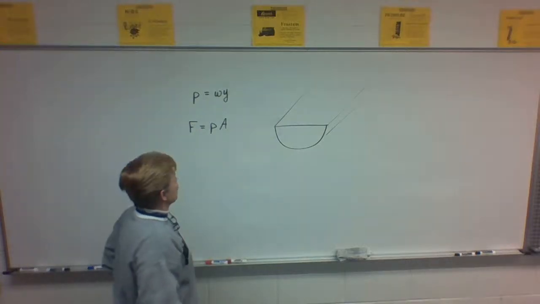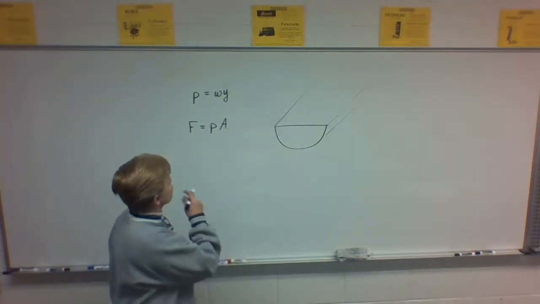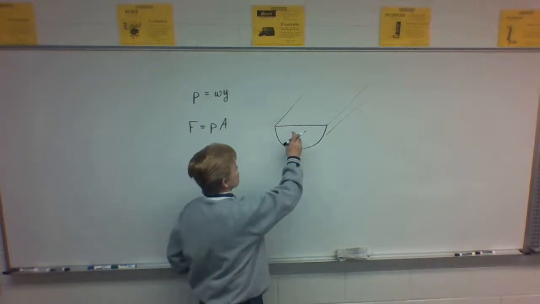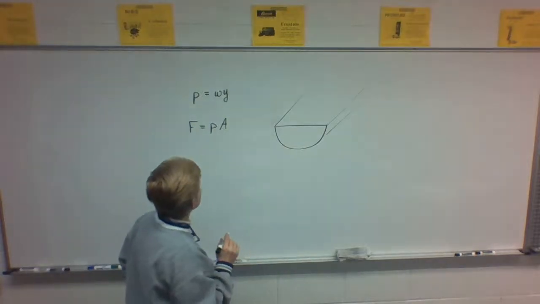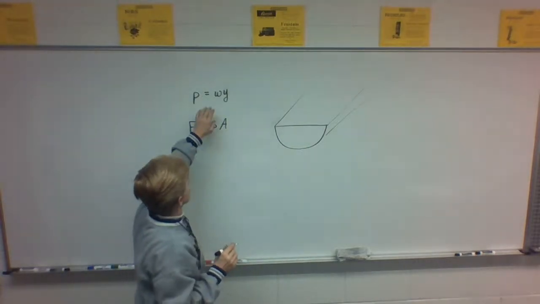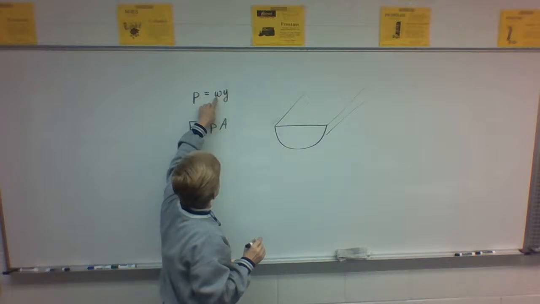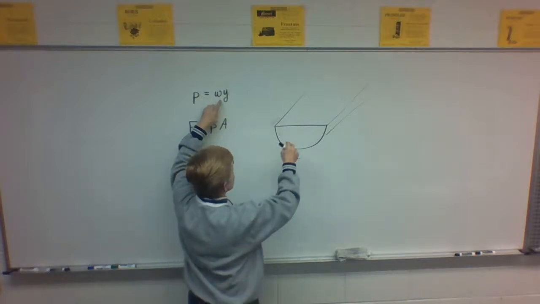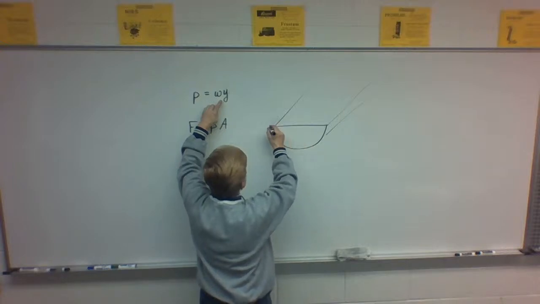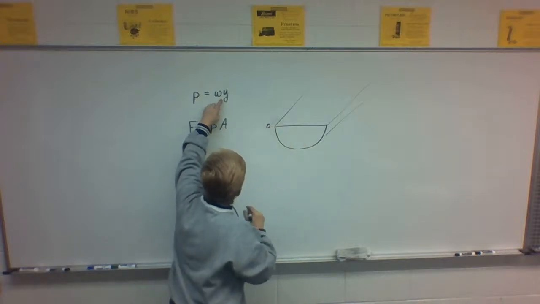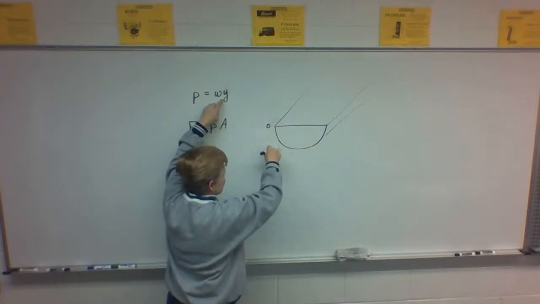Okay? All right. So now the question becomes, if we want to find total force on the end of this tank, don't we just take the pressure, which is the weight density times the depth? Ooh, where does the depth come into this? I realize there's more pressure the farther down I go. If this is 0, and we go down this way, this will be a positive number down.